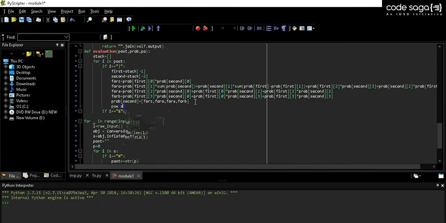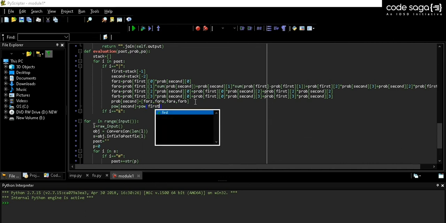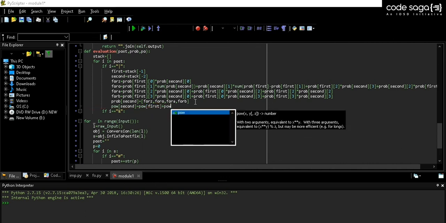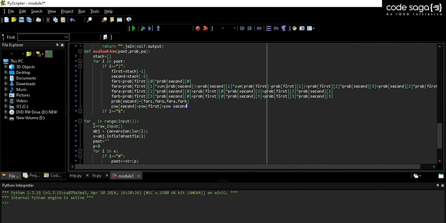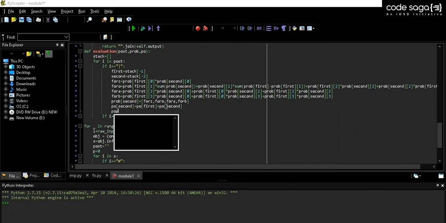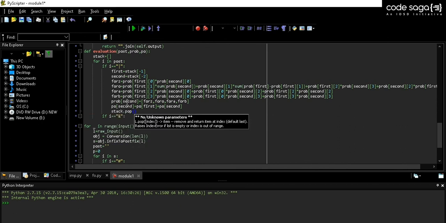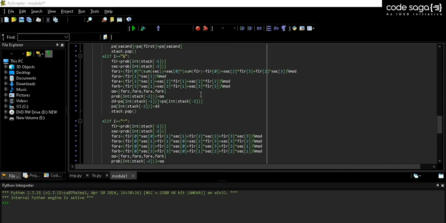We also make the power list, because they're getting multiplied. Then we'll pop from the stack. This will remove the first element and we'll only have the second element.